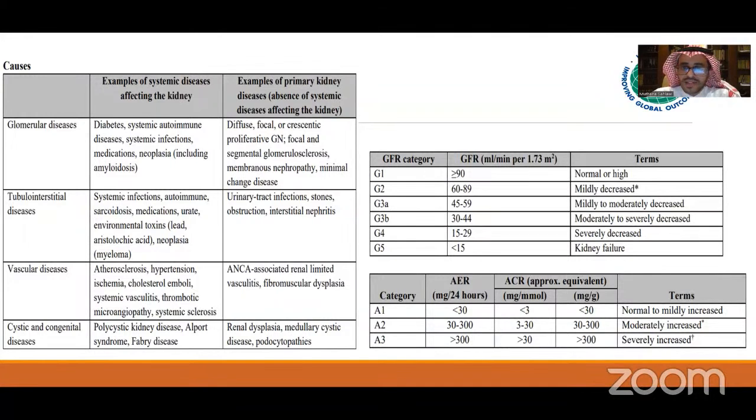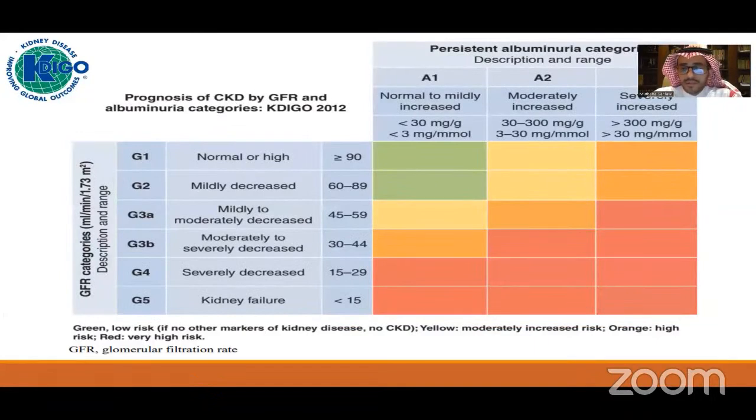So C for the cause and G for GFR category, the famous G1 to G5 category. And then the level of albuminuria, A1 or A2 or A3, based on the level of albuminuria by urine ACR. And the importance of classification is to stratify the risk of the patients.